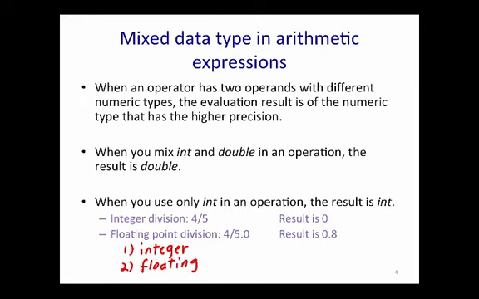Integer arithmetic is performed when both operands are ints, and floating point arithmetic gets performed when either operand is a double.